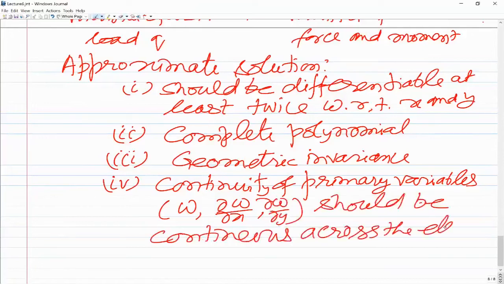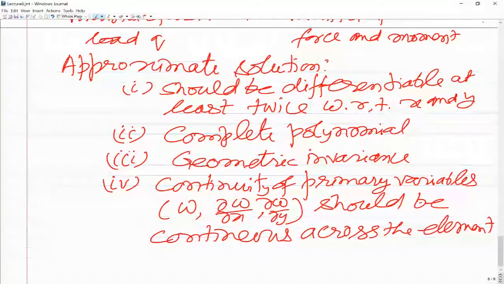Wherever a boundary is shared by two elements, from both the elements we should get the same distribution of w, del w by del x and del w by del y along that boundary. So primary variables should be continuous across the element boundaries, or faces.